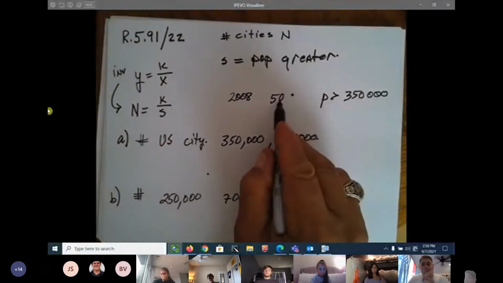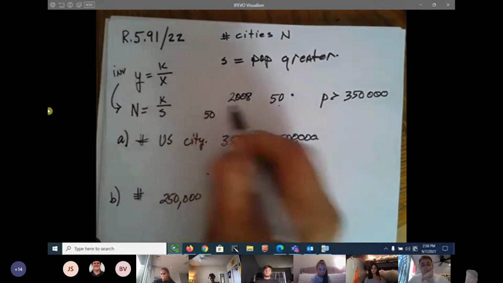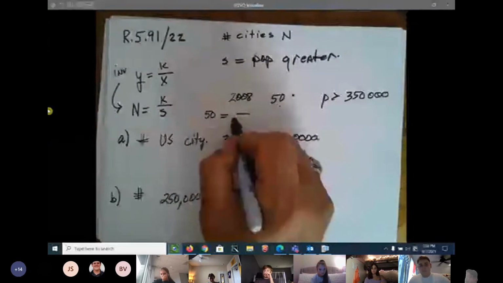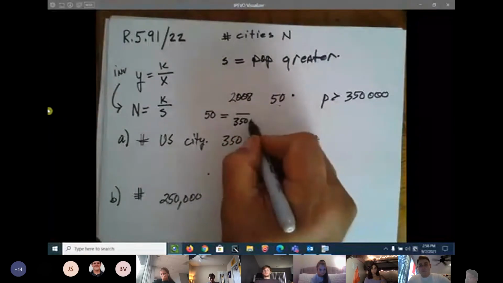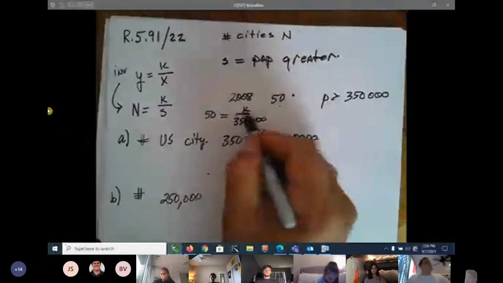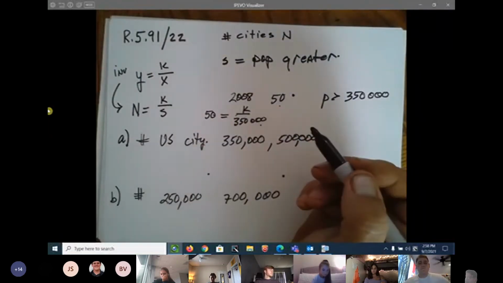And they're saying that 50 states have a population of greater than 350,000. So K has got to be equal to 350 times 50.